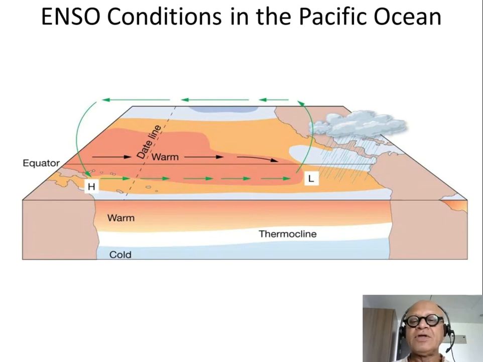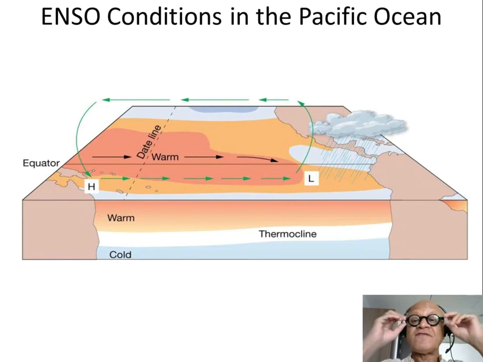And here, the thermocline has gotten flatter. The east-west slope of the thermocline has become flatter. The east-west temperature gradient has become flatter, which means the pressure gradient is also flatter, hence the winds will be weaker, right?